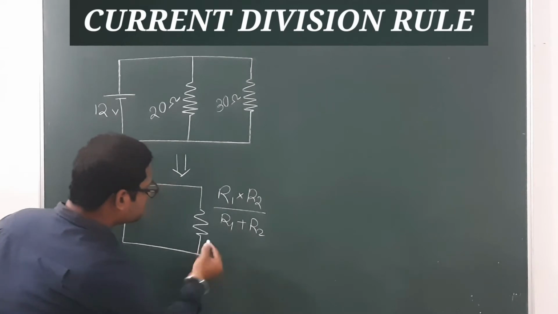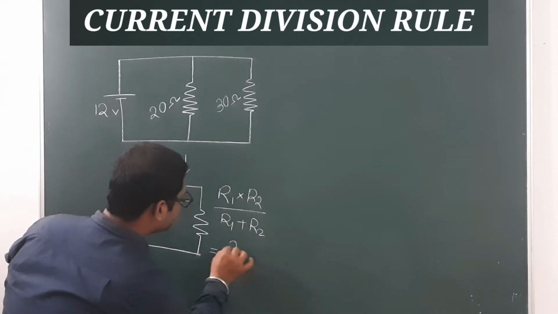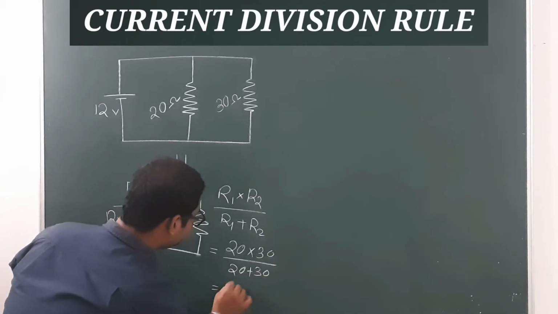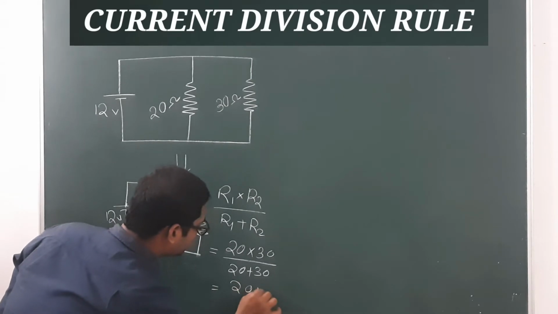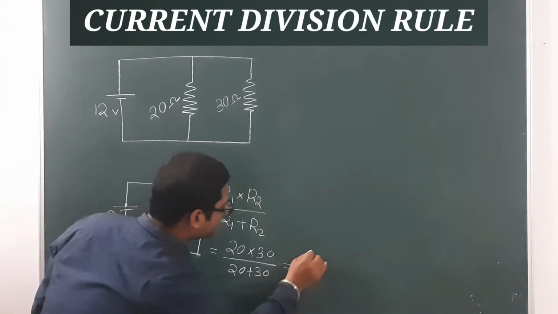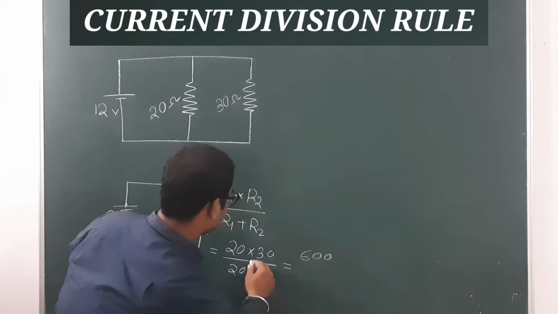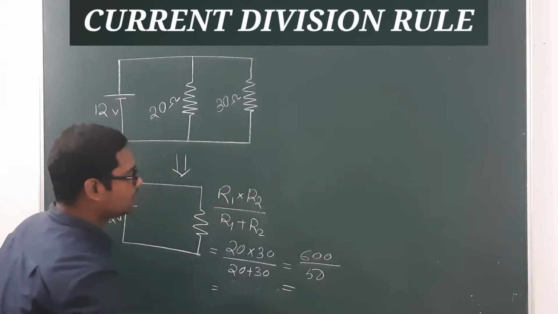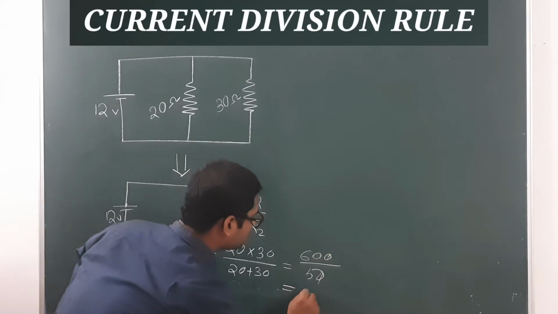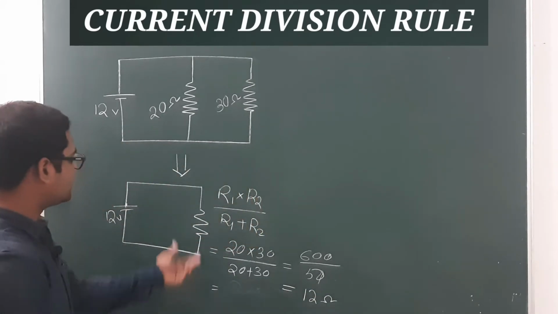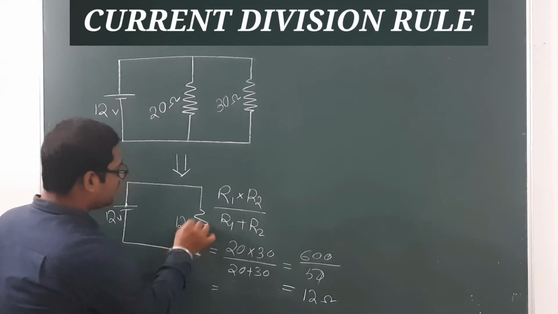That is 20 into 30 divided by 20 plus 30. 20 into 30 is 600, divided by 50, which is 12 ohm. So the equivalent resistance is 12 ohm.